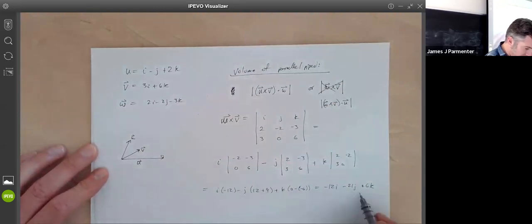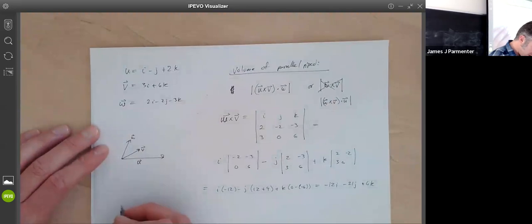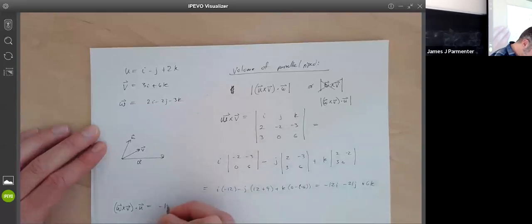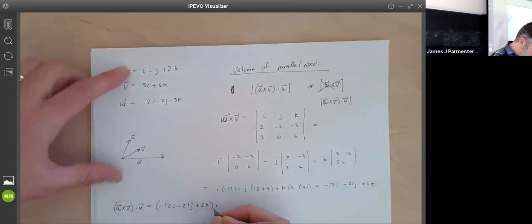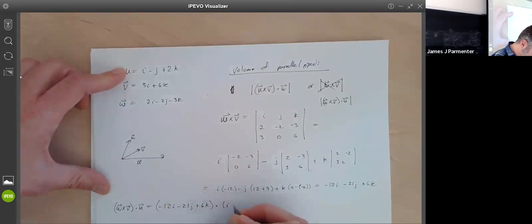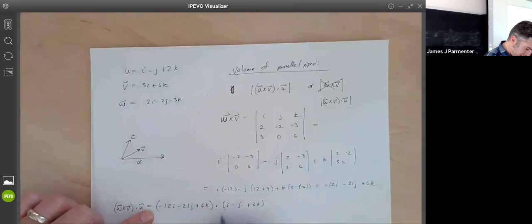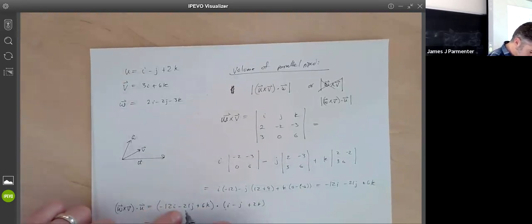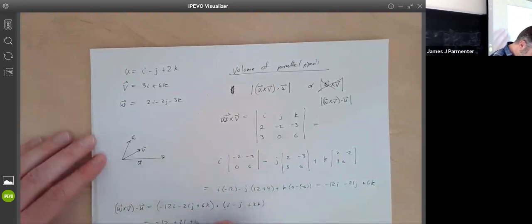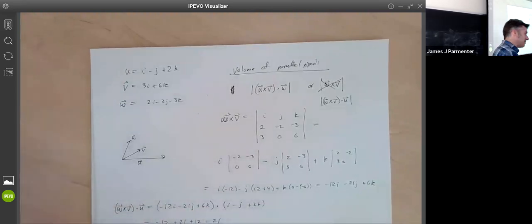So there's my w cross v, and now we're going to dot it with u. So w cross v dotted with u is going to be this vector dotted with my u, which is i minus j plus 2k. So I should get, let's see, -12 times 1, minus 21 times -1, and then plus 6 times 2, which ends up being 21, which is the same answer as I got earlier.